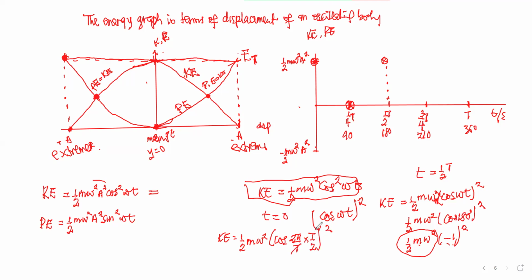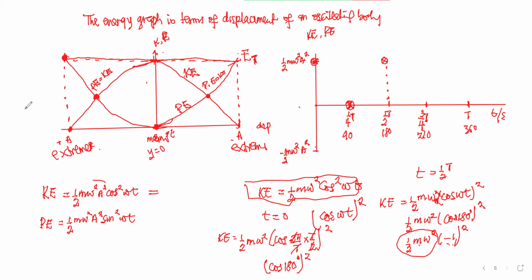This 2 and this 2 will cancel. So you have this times cos of pi, which is 180 degrees, all squared. And since cos 180 is -1, when you square it, it is +1 times that. So the value stays the same. Please, are we okay?